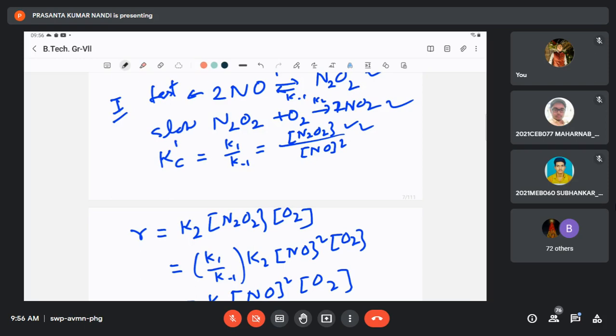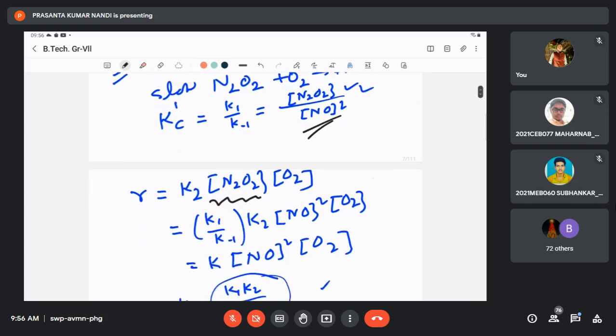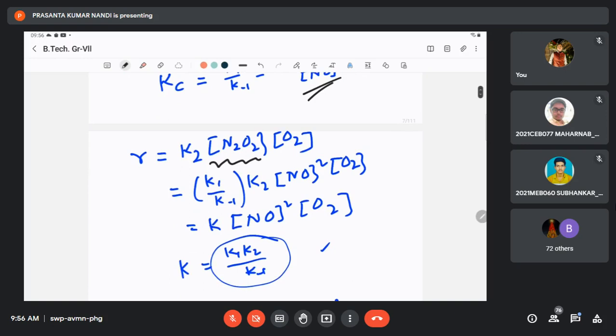Now the concentration of N2O2 we substitute from here: N2O2 equals Kc prime, or K1 by K minus 1, into NO squared. Just put it here, and ultimately we get a simple expression where we have absorbed all these three constants as K. So this is the observed rate of the reaction.